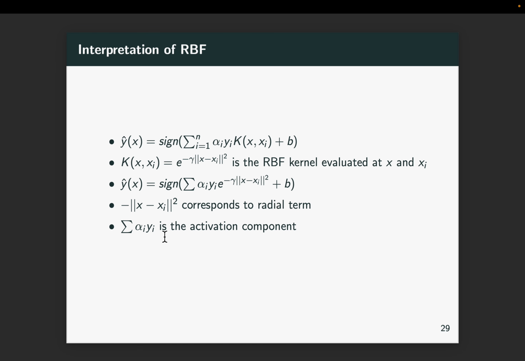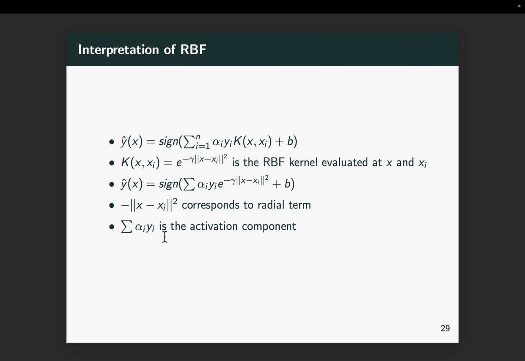So let's say Kishan is face 1 times 0.1 plus face 2 times 0.3 plus face 4 times 0.4 and so on. Whereas someone else, let's say John, is face 1 times 0.9 plus face 2 times 0.7 and so on. In those cases, the face 1, face 2, face 3, face 4, which we are specifying, we can call the basis functions, which are enough to describe the data set, and the multipliers are the activation components.